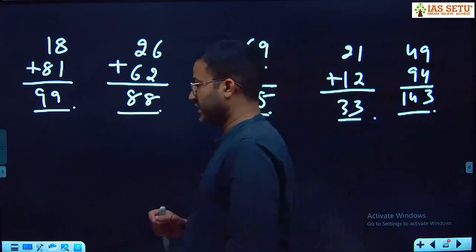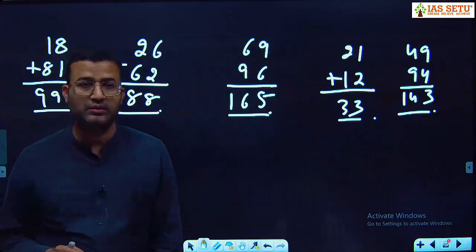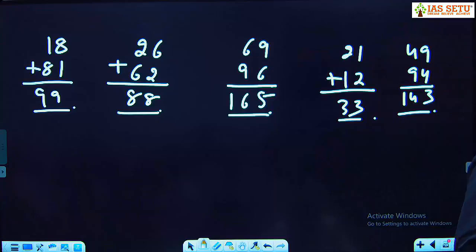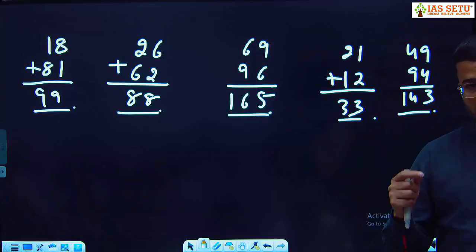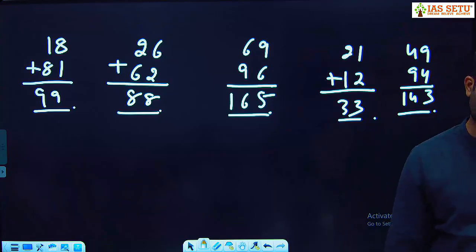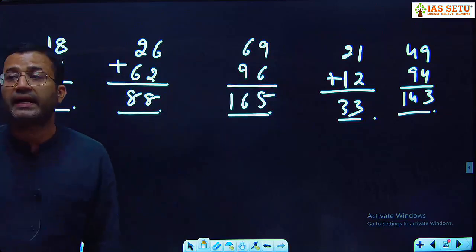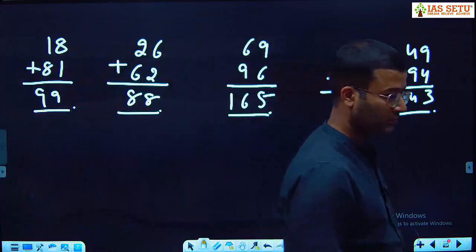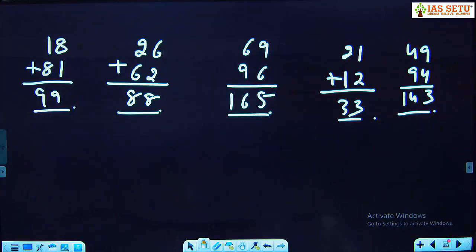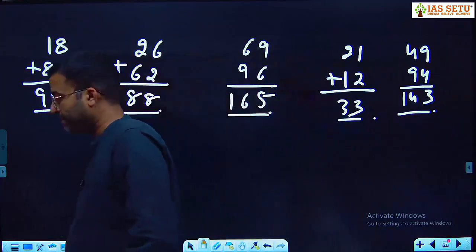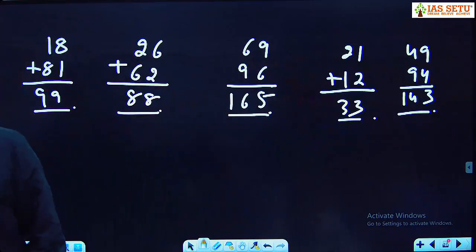If we take any 2-digit number and reverse the order of the digit, and add in the original number, then the total is always multiple of 11. यहां 0 नहीं हो सकता क्योंकि ऐड कर रहे हो.